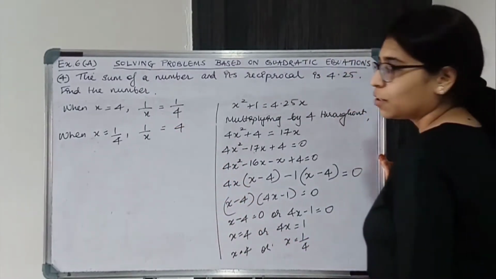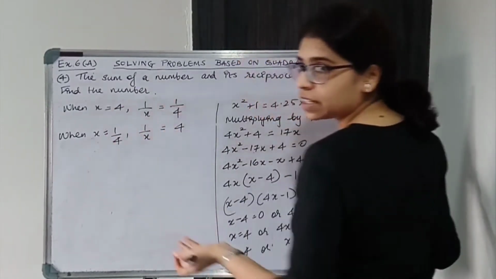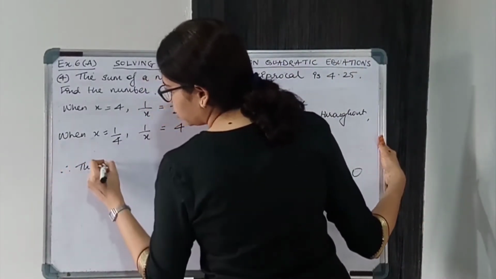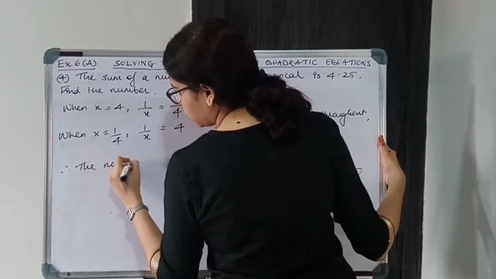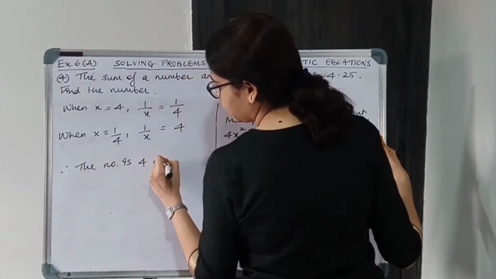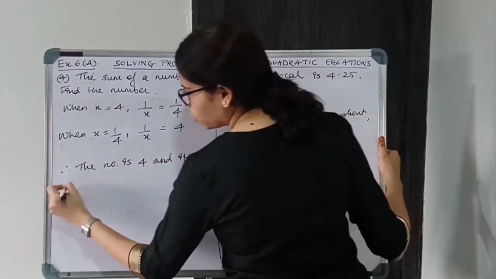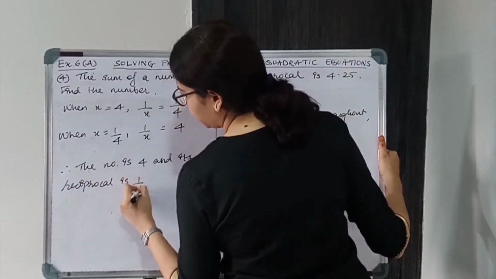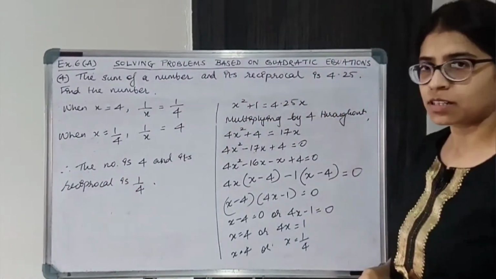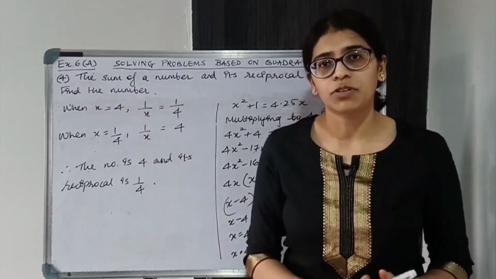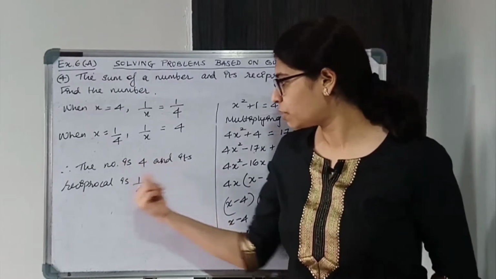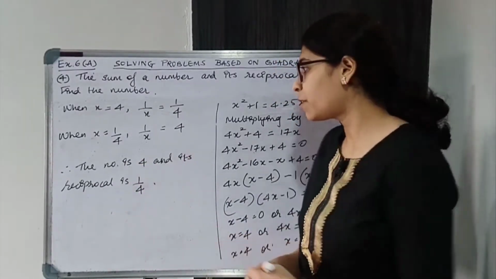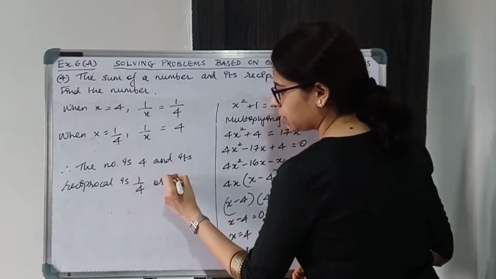Okay, so anyway we are getting the same numbers, so just write down, therefore the number is 4 and its reciprocal is 1/4. Alright, here it is not asked about the reciprocal, but still just mention, okay, 4 is the number and its reciprocal is 1/4, or vice versa. Also add that, because that is also the possibility.